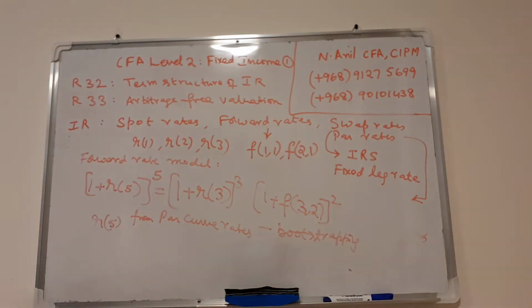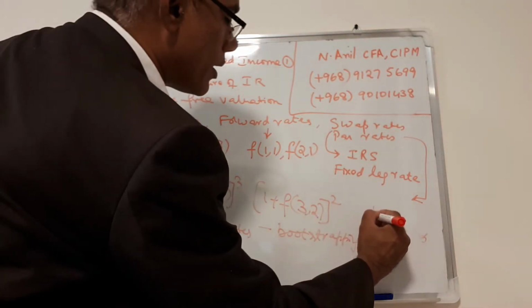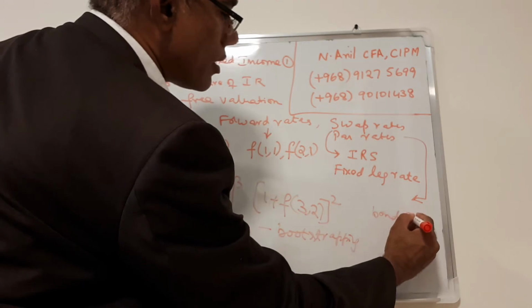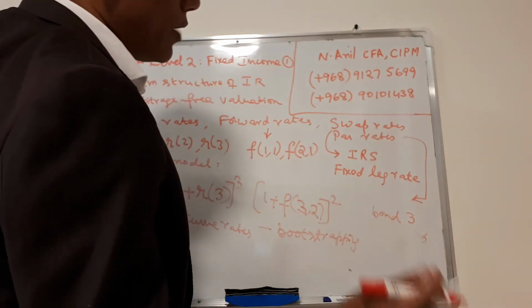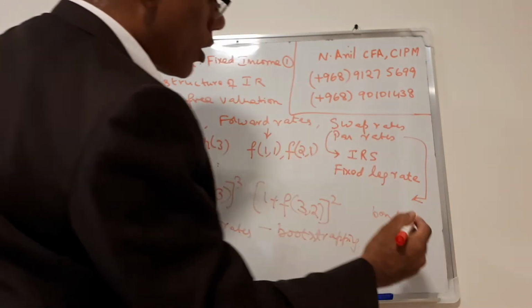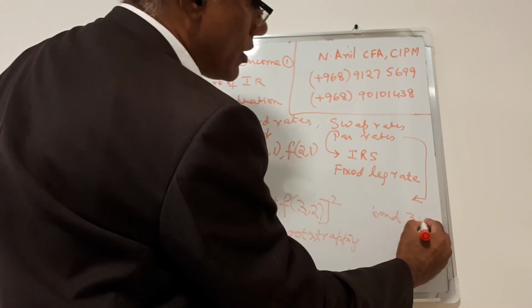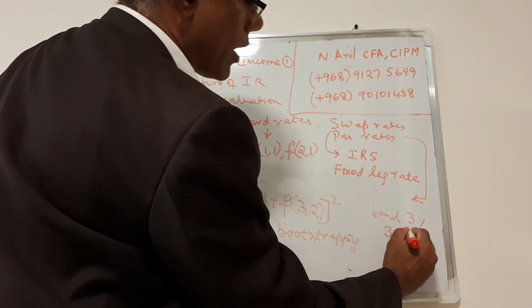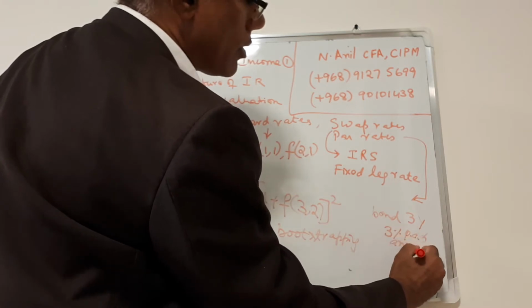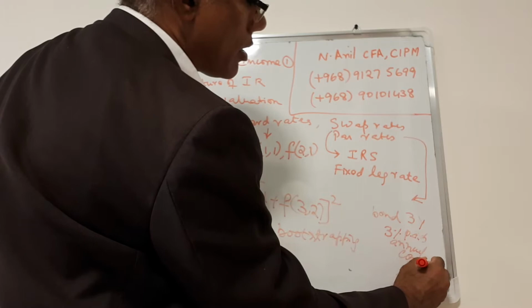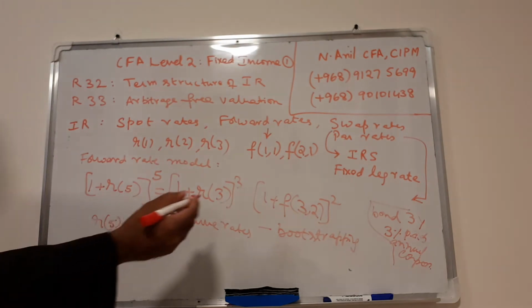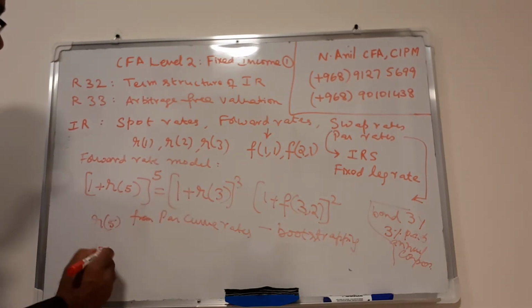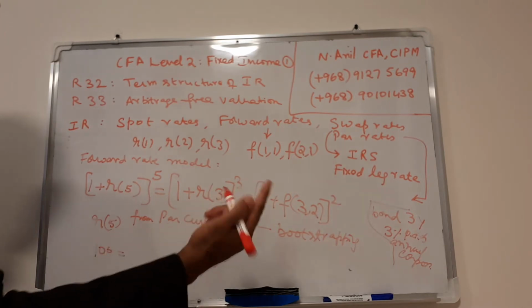So if you have a bond maturing in 3 years, paying 3% per annum annual coupon, so the 100 is paying at par, and this will give a coupon for 3 years.